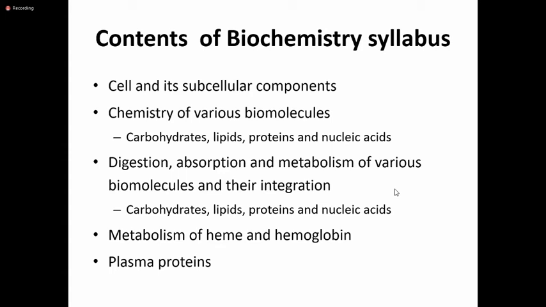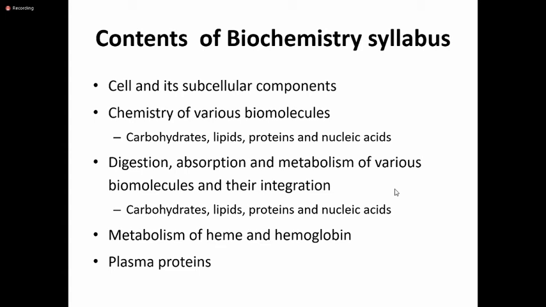Some carbohydrates are broken down, that is catabolism. So altogether, you will learn about metabolism. So metabolism of heme and hemoglobin and its associated disorders is a very important topic for the first year examination and also for your clinical practice.